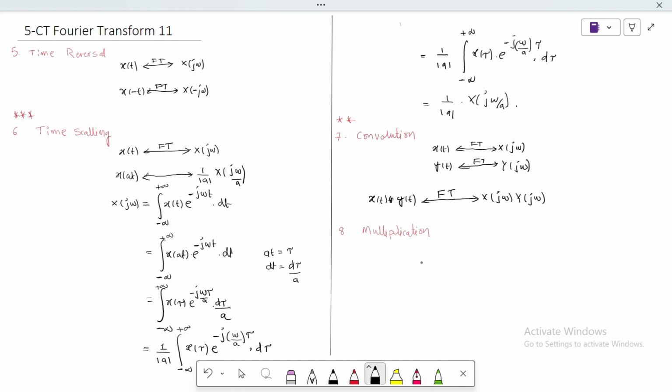Multiplication in the time domain corresponds to convolution in the frequency domain.